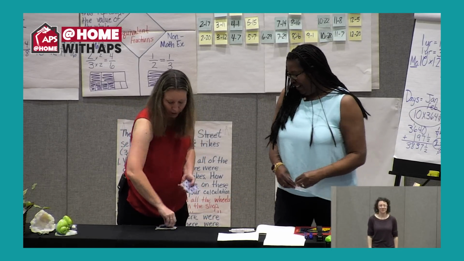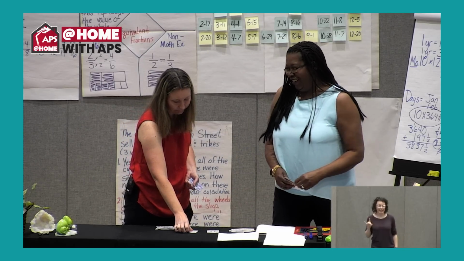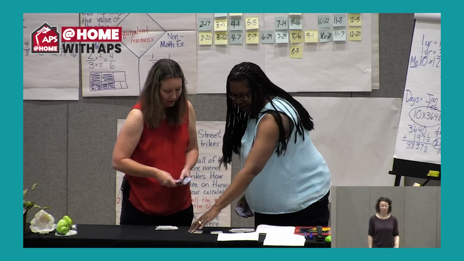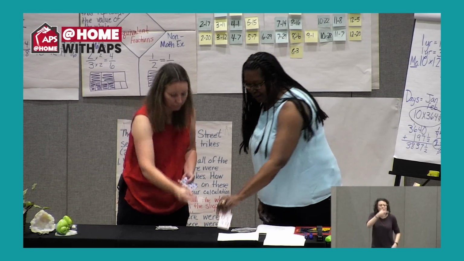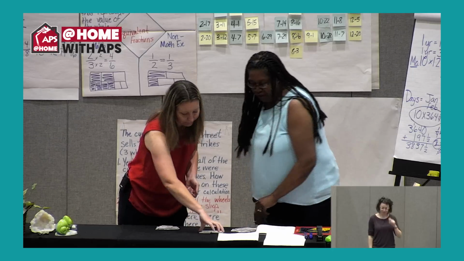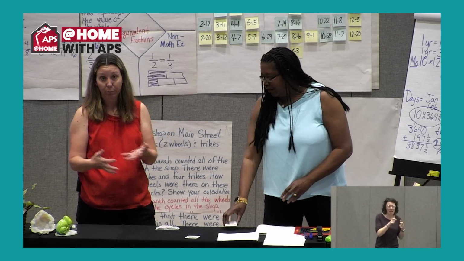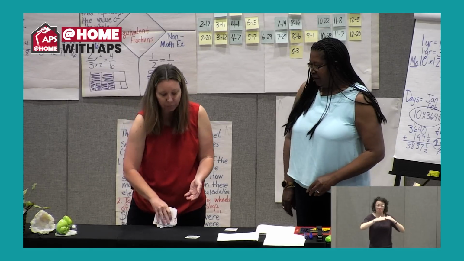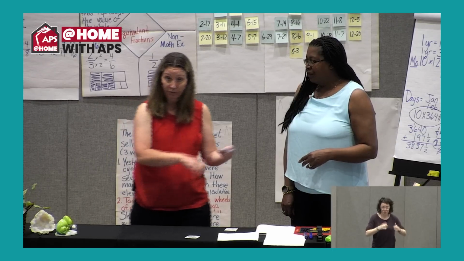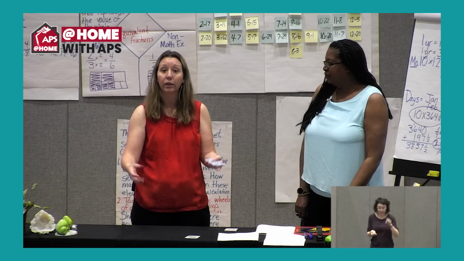70. Yes. So one thing with this is, if you have an older sibling that can play with you, and they're calling it out way faster than you and you're having trouble keeping up with them, what you could do is, instead of flipping over one card at a time, you flip over 2 cards, your sibling flips over 2 cards, and then whoever gets their correct answer first can get all the cards.